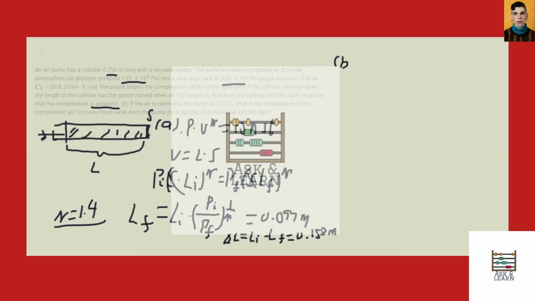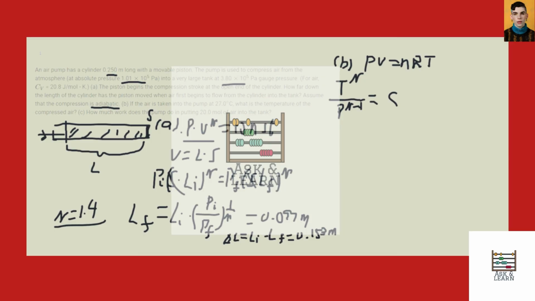And for part B, we know the initial temperature, and we want to find out the final temperature. We already have this formula. This is a constant, and by applying the other one, PV equals nRT, you will obtain this formula: T to the gamma over P to the gamma minus 1 is a constant.